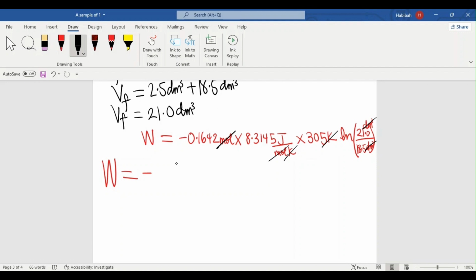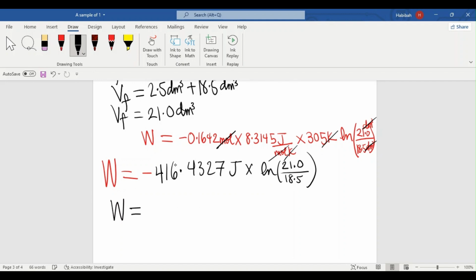We're going to get that to be negative 416.4327 joules times natural logarithm of 21.0 divided by 18.5. So work done now is going to be equal to negative 52.7853 joules.